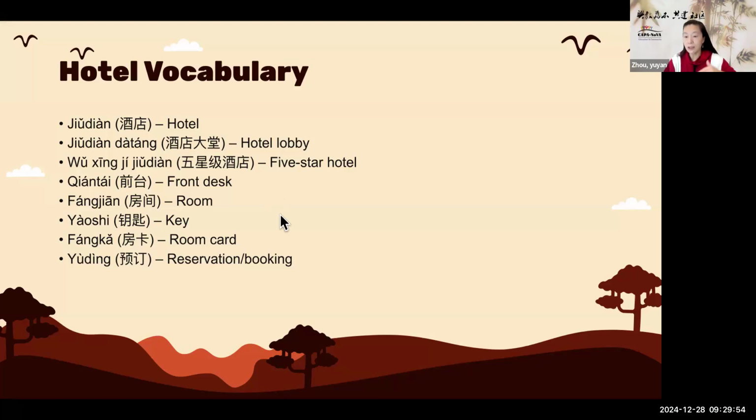If you meet the elder, the leader, or some kind of royal family or whoever, you want to use 您 instead of 你.